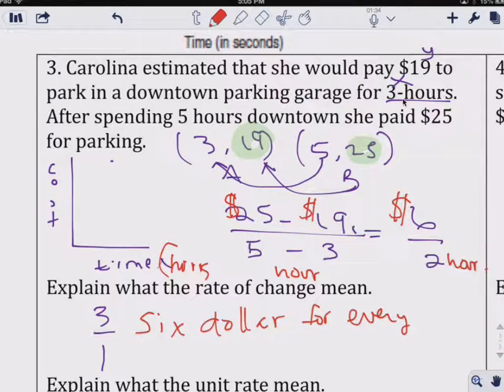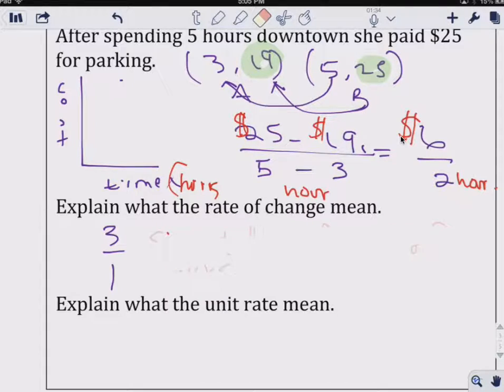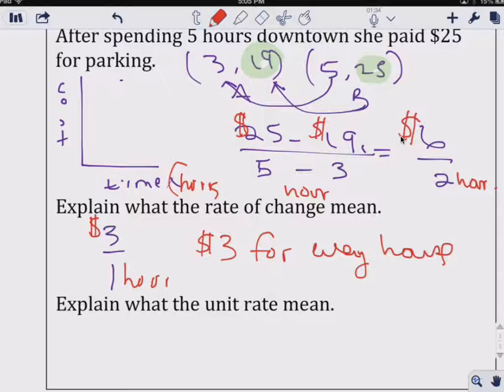Oh, let me get rid of the calculator. Explain the unit rate. $3 for every hour.